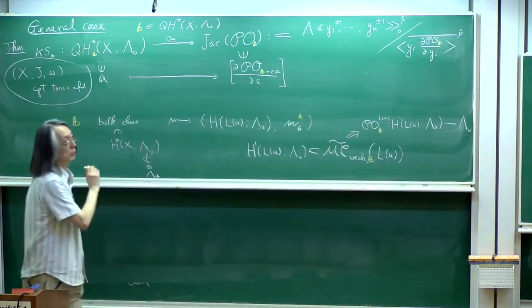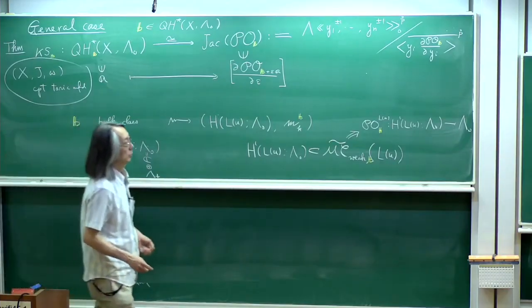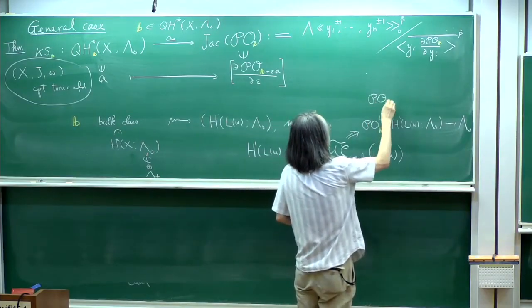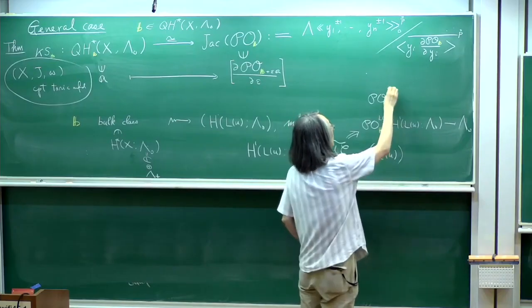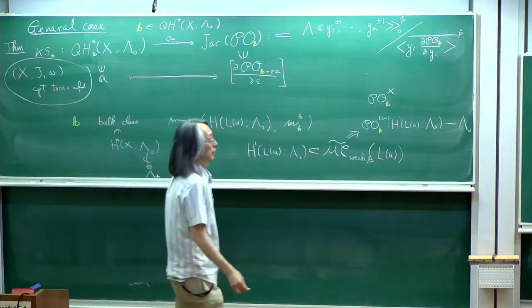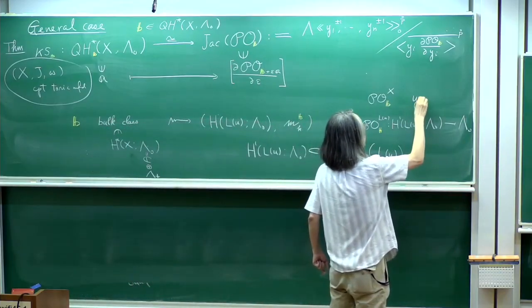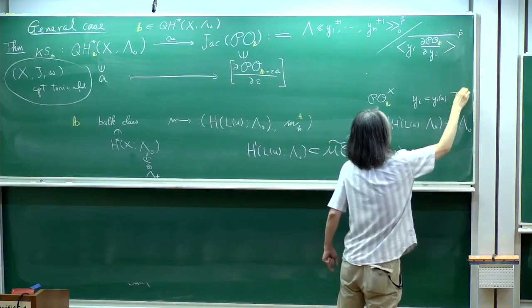So this is, again, a potential function. And then from here, we can also consider PO^B of X. Here again, it is a kind of change of formal variable: y_i is equal to y_i(u) times T to the u_i.